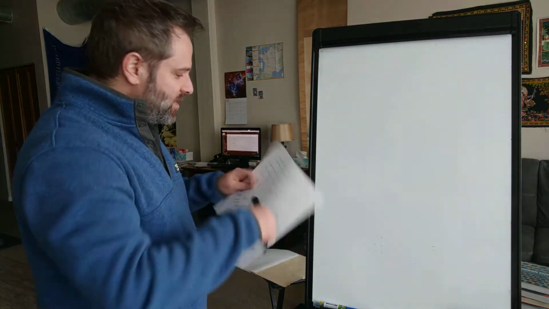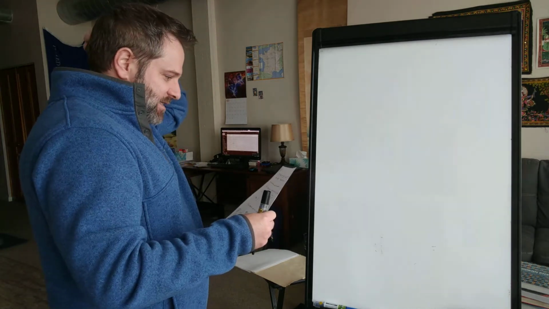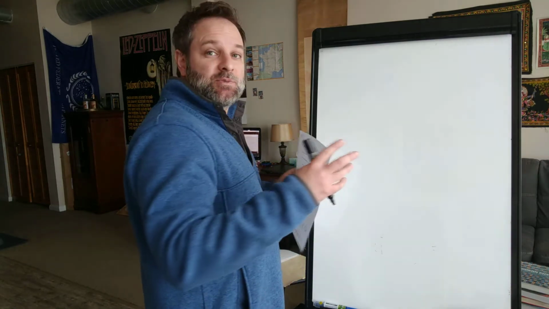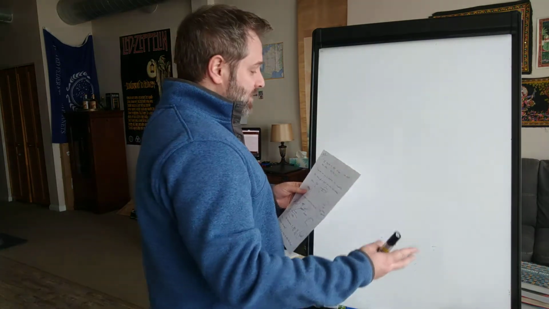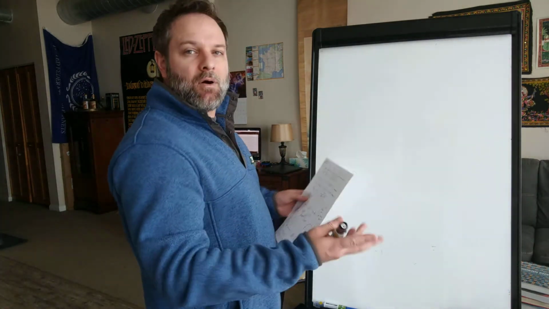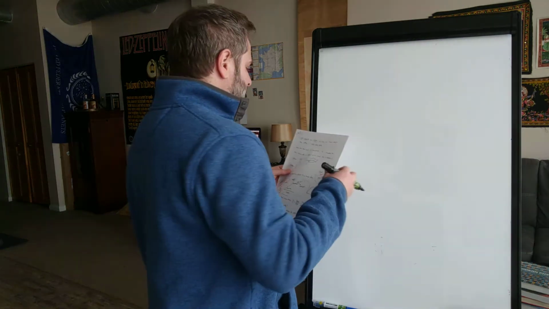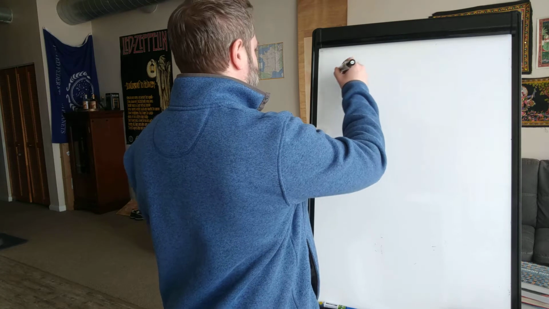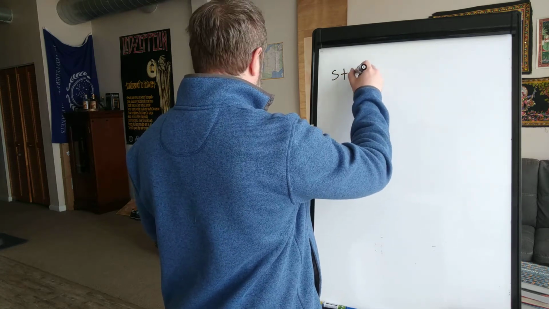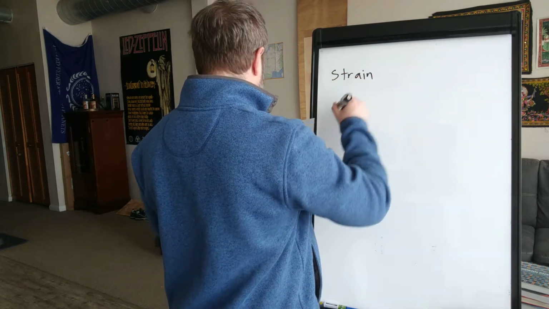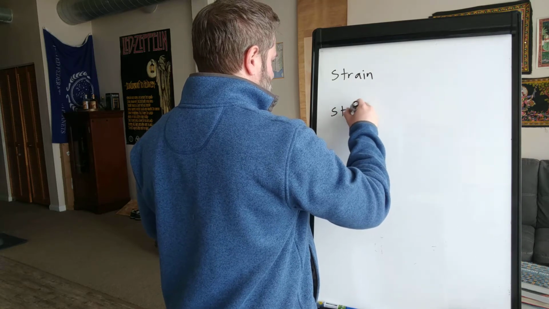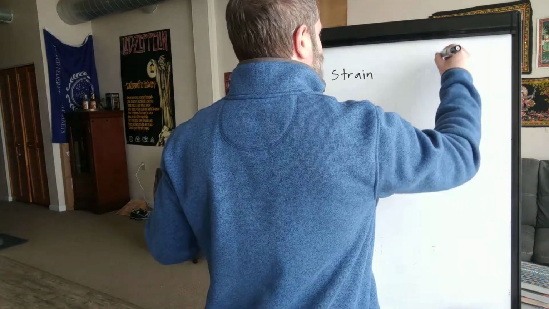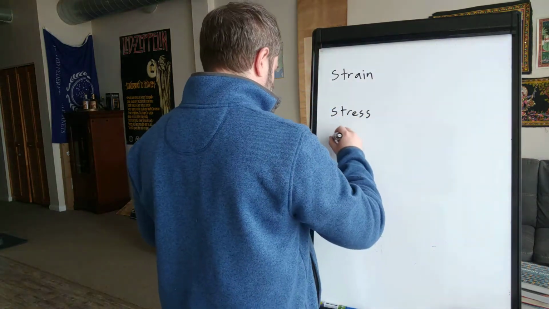There are two ways to characterize the forces on an object which would tend to deform it. Essentially, all objects are elastic, but some are more elastic than others. So these two ways we characterize the forces on an object that's trying to deform it are strain and stress. Imagine we have some object. I will draw it down here.